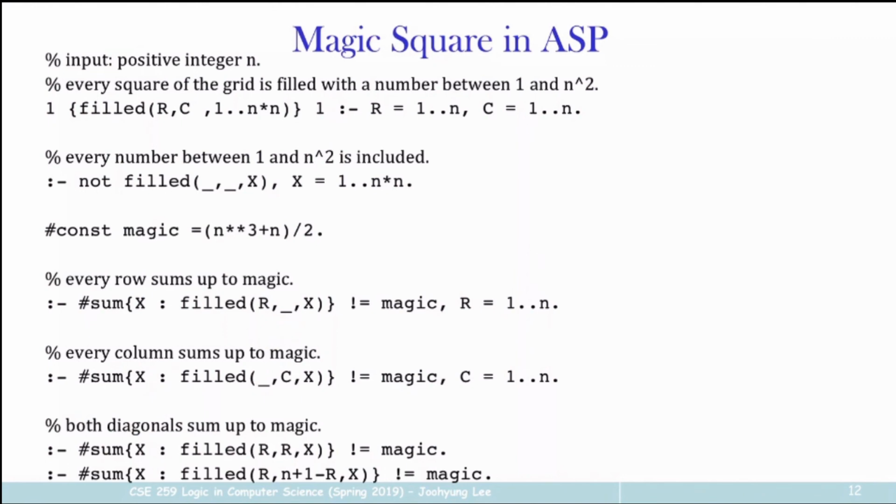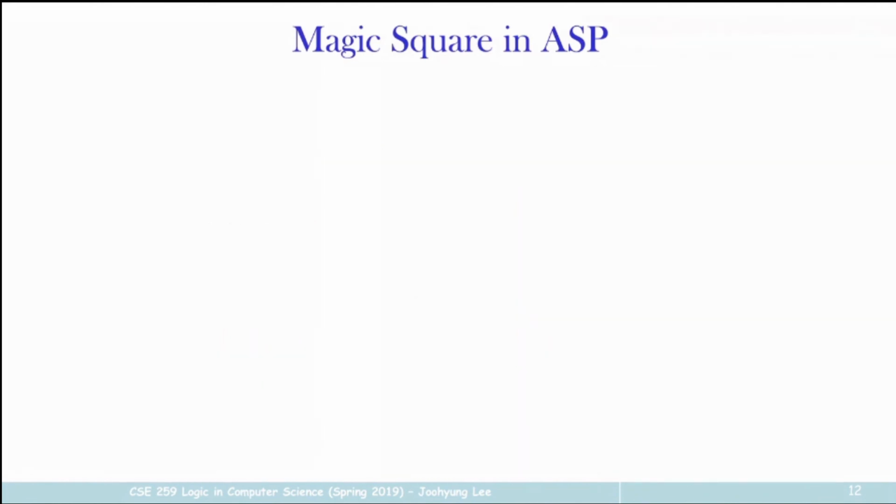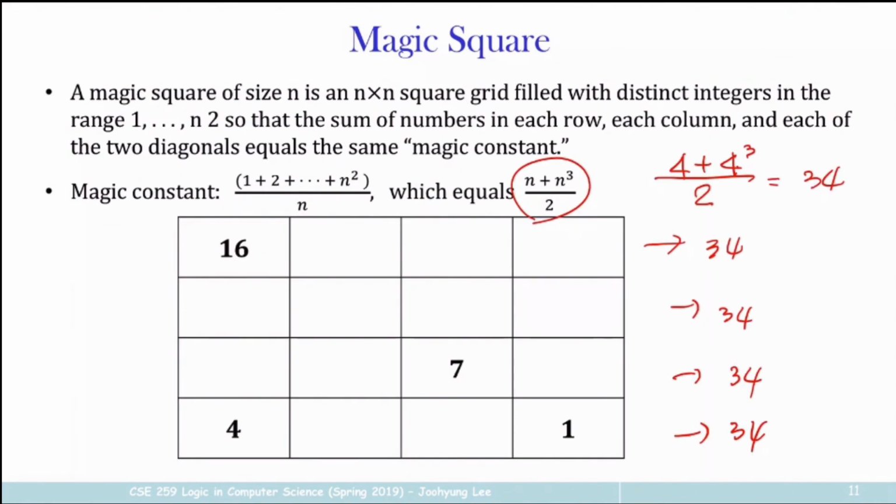All right, so let's see. We have to sum up to 34, is it? Right? Okay. 4, 2, 9, 1. You have 2 4s here.